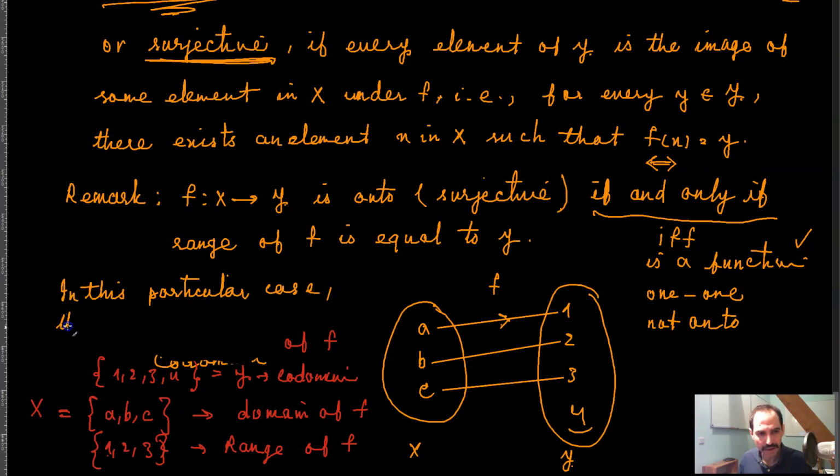So you can say that in this particular case, the range of f is not equal to y, and therefore f is not an onto function.